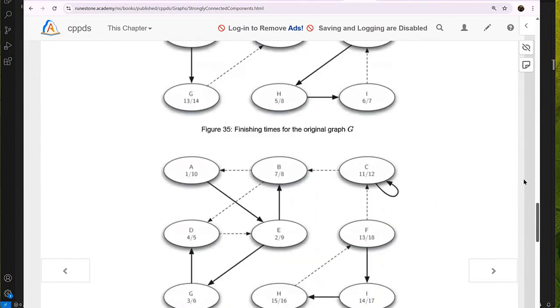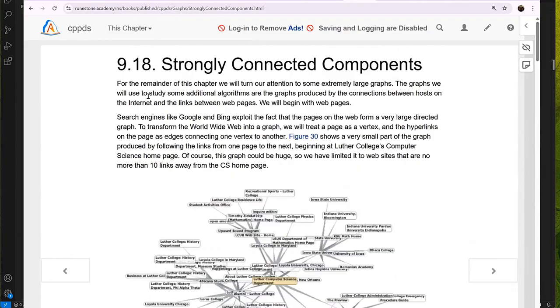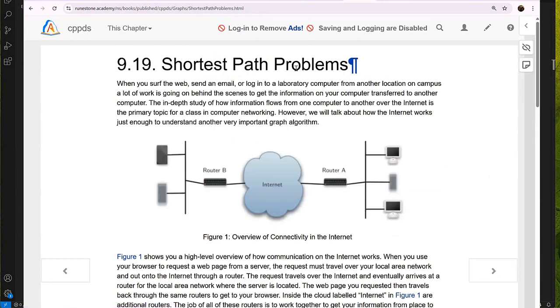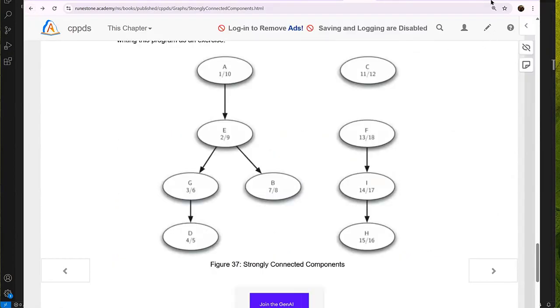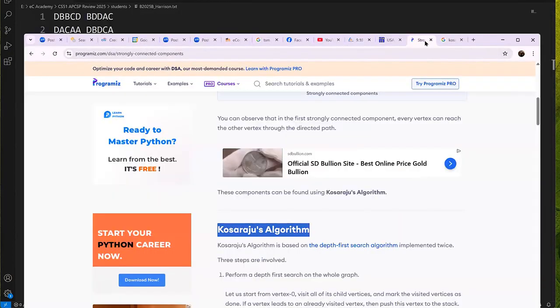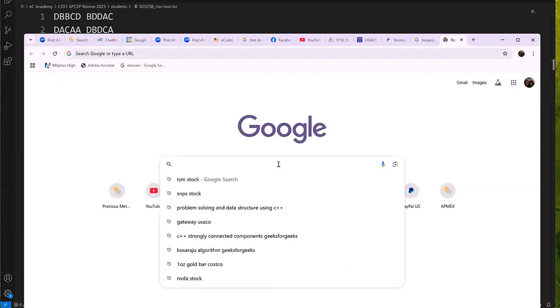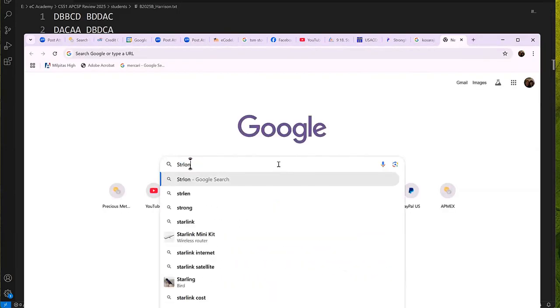Yeah. Okay. And then this part is just like that. This chapter there's no algorithm. Let's look at something else. Let's look at the Google. Let's go strongly.